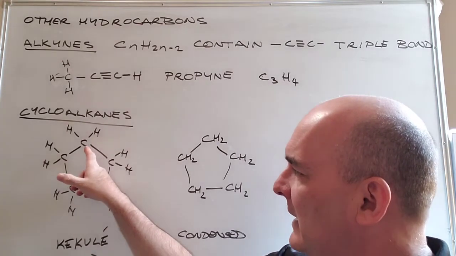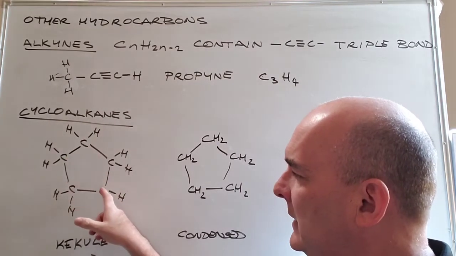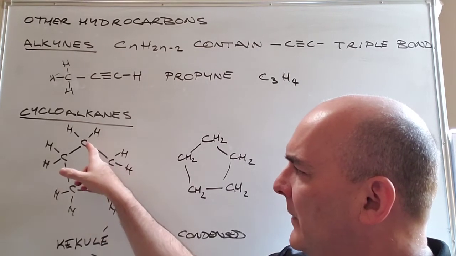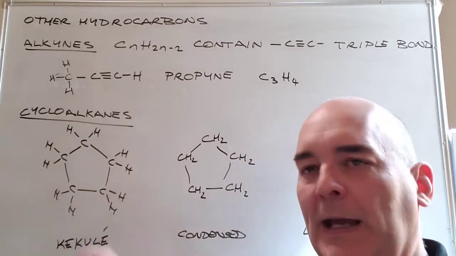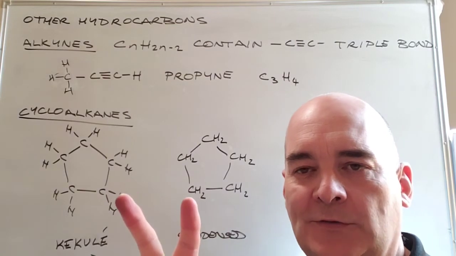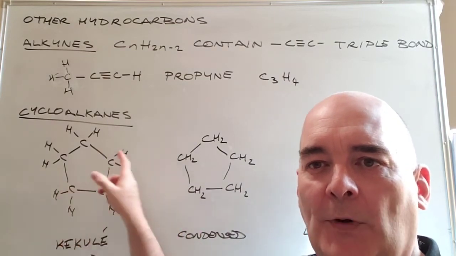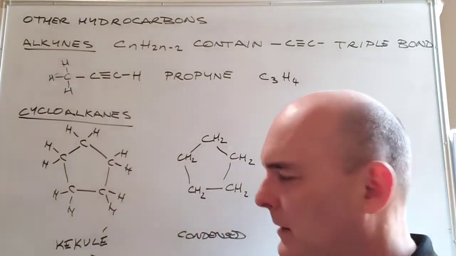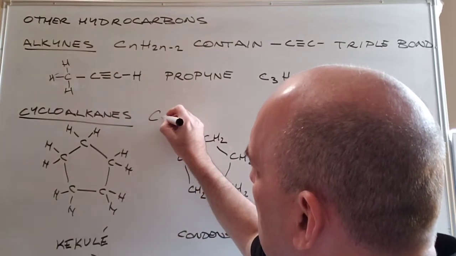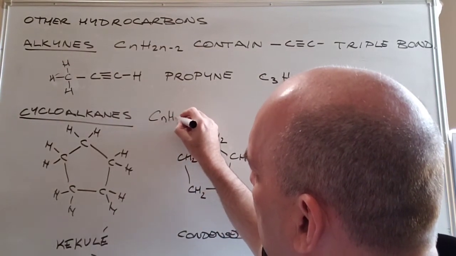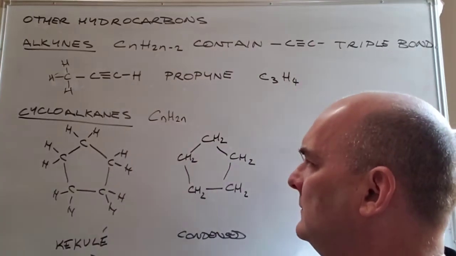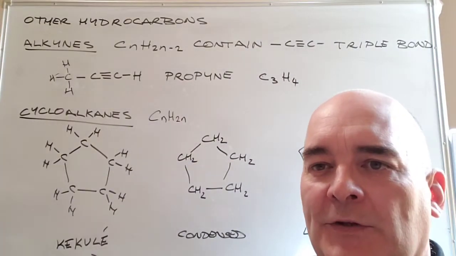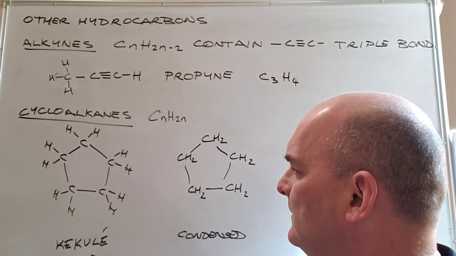So, in a cycloalkane, every carbon has 4 bonds, and every carbon is holding on to 2 hydrogens. So our chemical formula here is CnH2n. Just double the number of hydrogens that you have for the number of carbons.